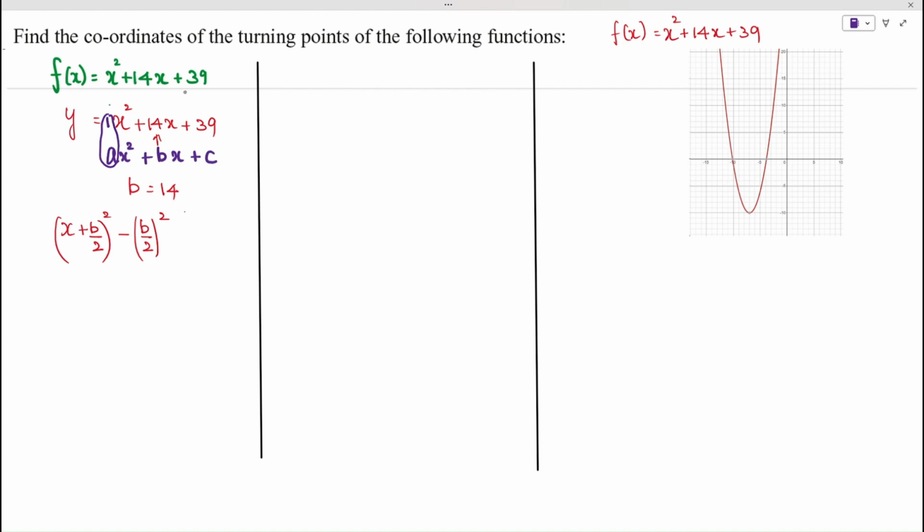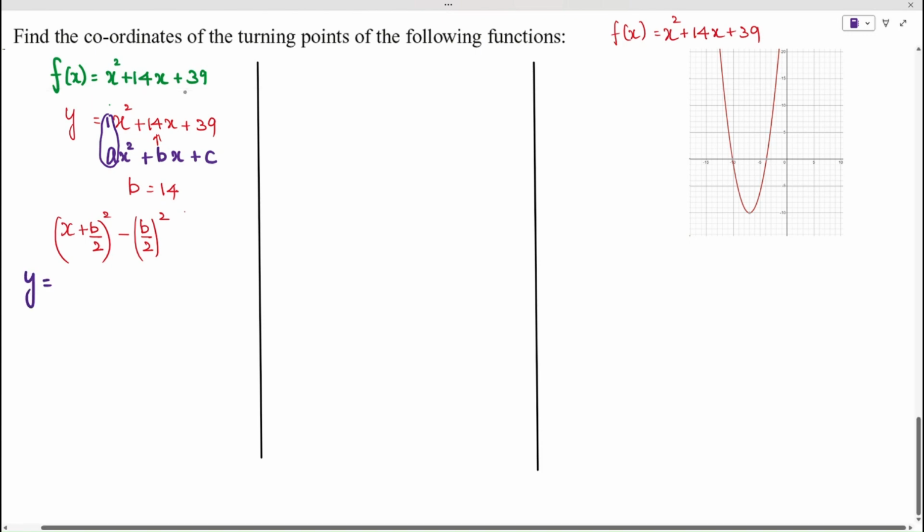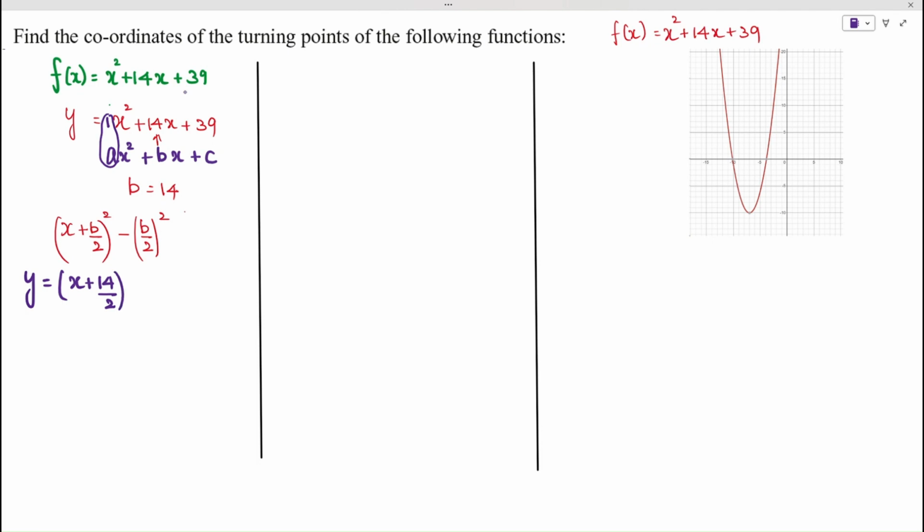So we get y is equal to x plus 14 over 2 the whole squared minus 14 over 2 the whole squared plus 39. And so now we can simplify our fractions. So we get y is equal to x plus 7 the whole squared minus 7 squared plus 39.